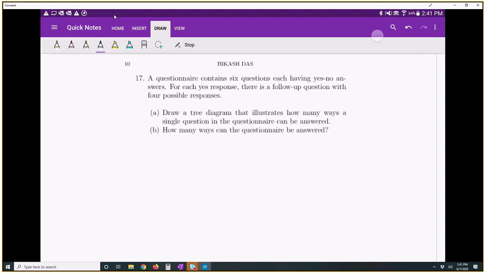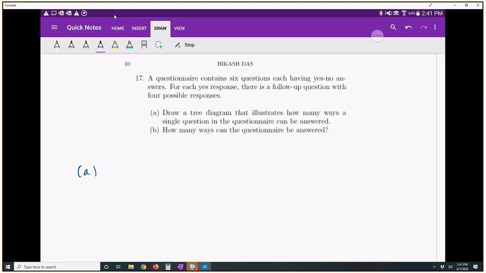Next, a questionnaire contains 6 questions, each having yes or no answers. For each yes response, there's a follow-up question with 4 possible responses. The question has asked us to draw a tree diagram to illustrate how many ways a single question can be answered. So we just have to do one question.